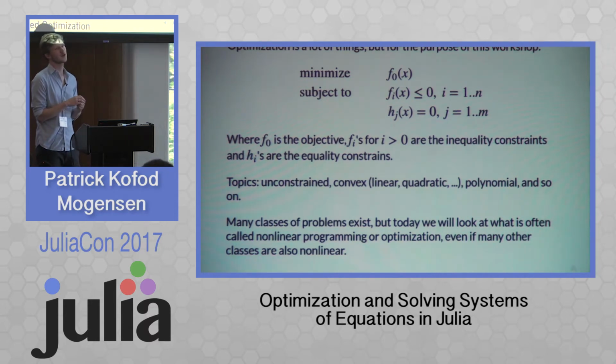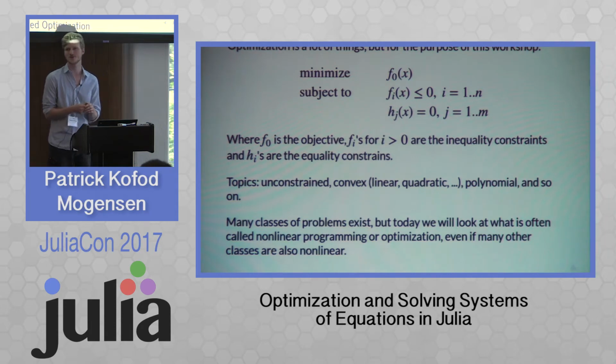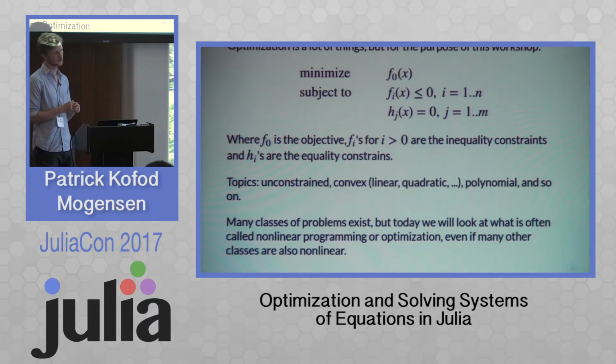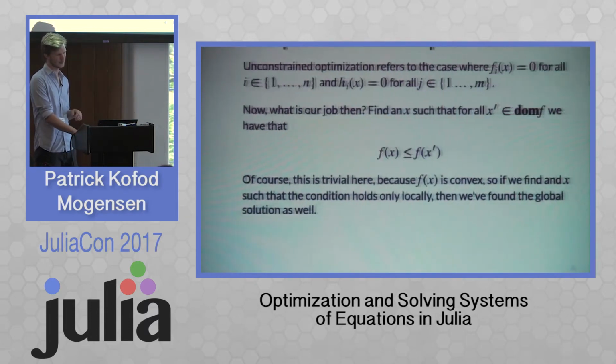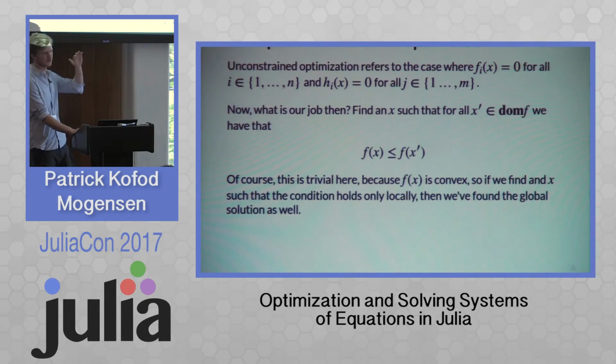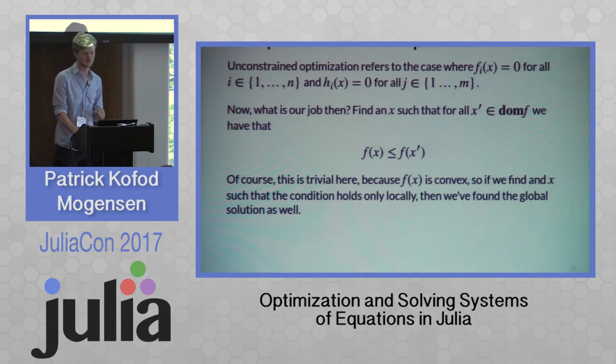But what we're going to be looking at today is what you might call just nonlinear optimization, even though other types of optimization can be nonlinear as well. So this is just unspecified nonlinear optimization. And it's going to be unconstrained optimization, so problems where all the constraint functions are just identically 0 or absent, however you want to look at it.